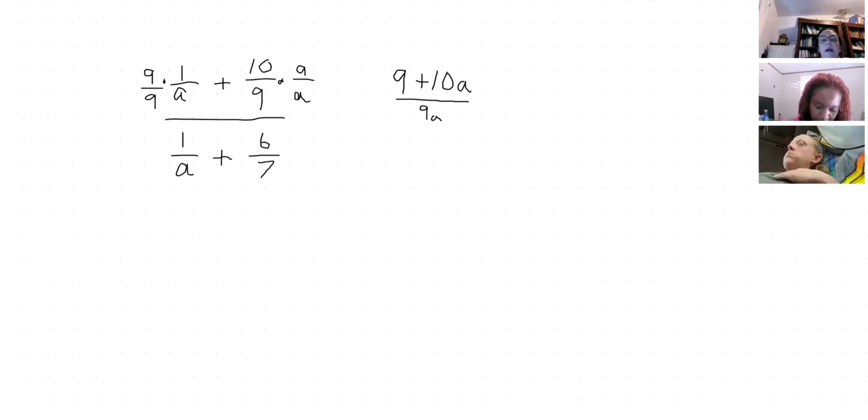Okay. And now we'll work on the bottom of this great big fraction, the 1 over a plus 6 over 7. I need the least common multiple between a and 7. So that will be 7a. So I'm going to multiply 1 over a times 7 over 7, and I'm going to do 6 over 7 times a over a.